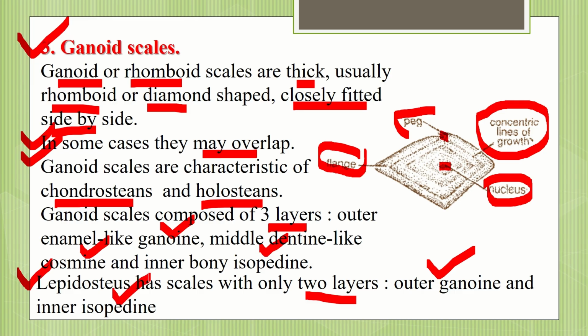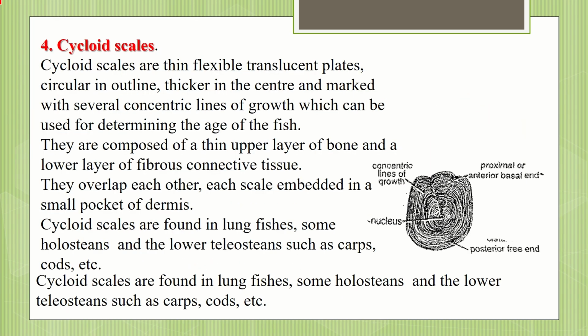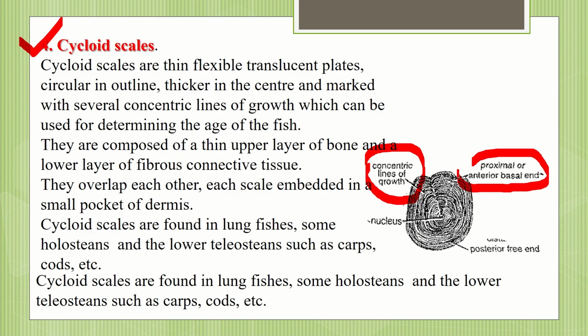Number 4 type of scale is called cycloid scales. Cycloid scales also have concentric lines of growth. There is a proximal or anterior basal end and a posterior free end, and centrally a circular structure called the nucleus.